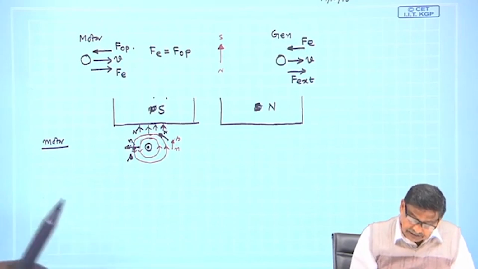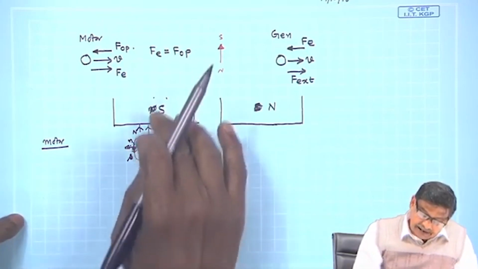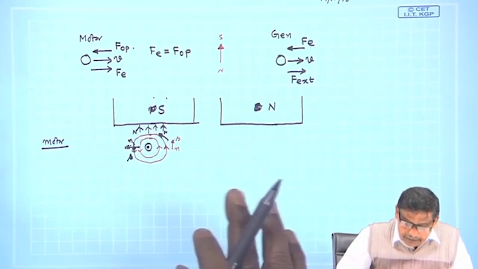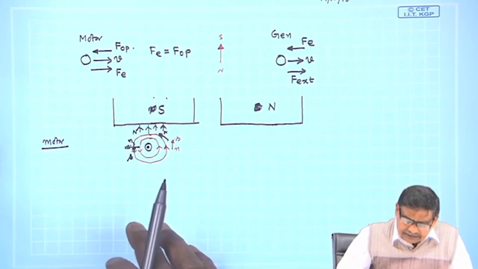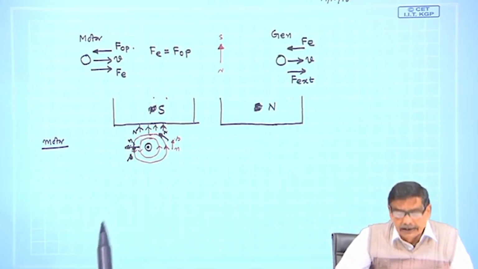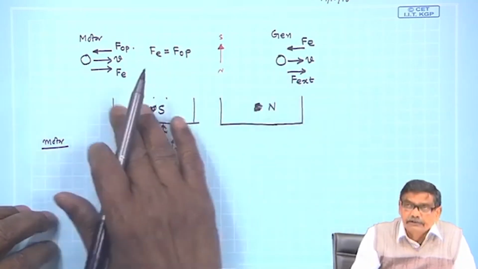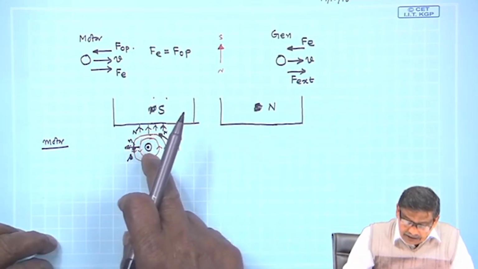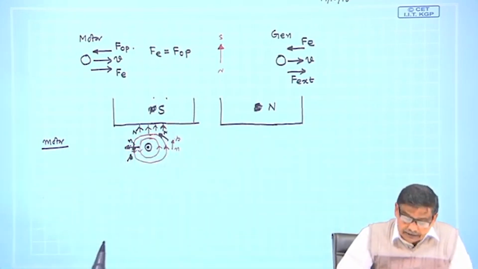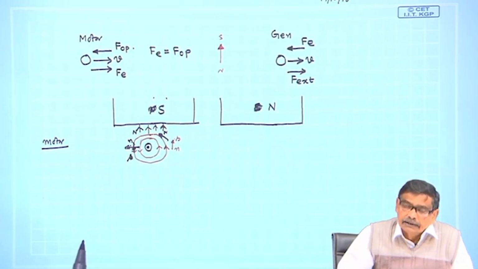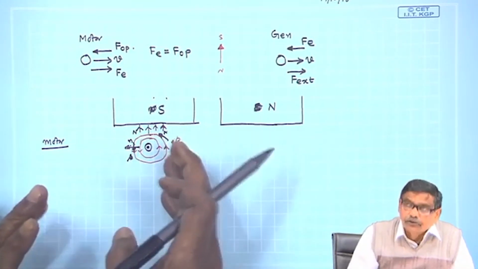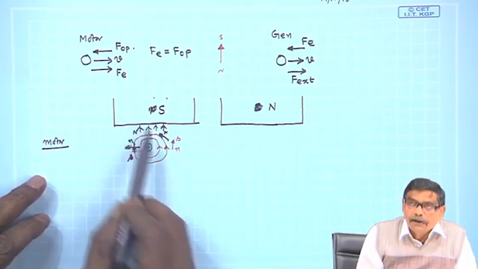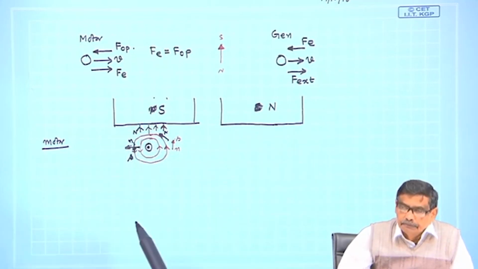Therefore, what we notice is that this current and magnetic field interact and give you torque or force, that is fine. But another way of looking at the thing is this: on the stationary structure you have some south and north poles, and the conductors which will be moving eventually, if carrying some current, also produce some north-south pattern, and it is the interaction of these pole patterns that will give you motion.